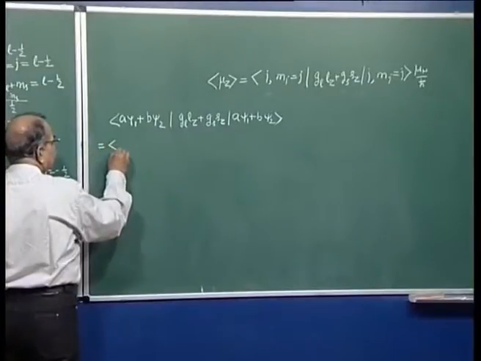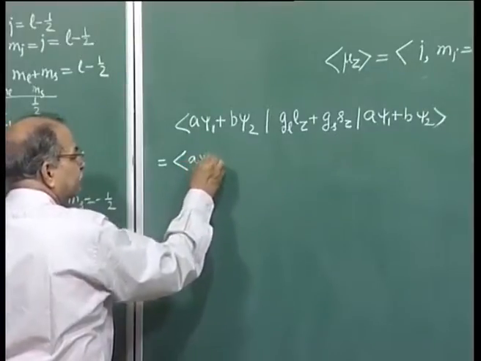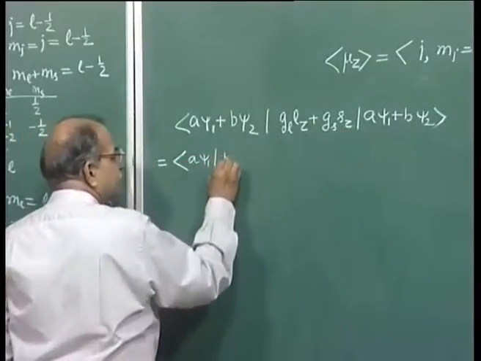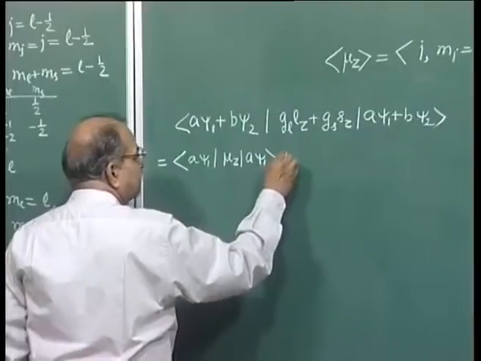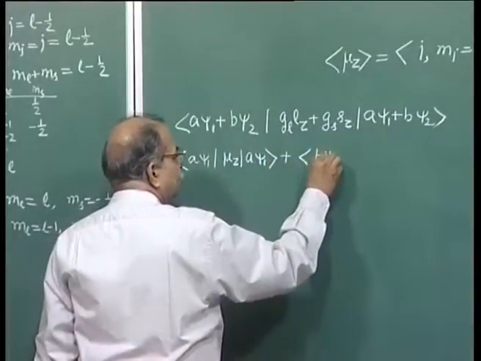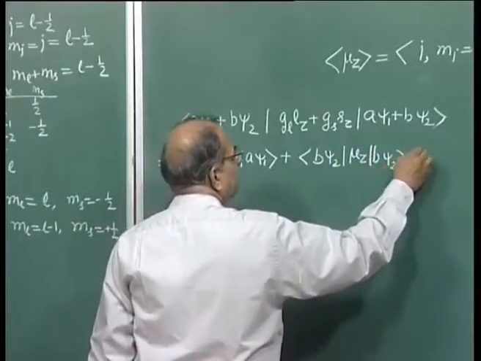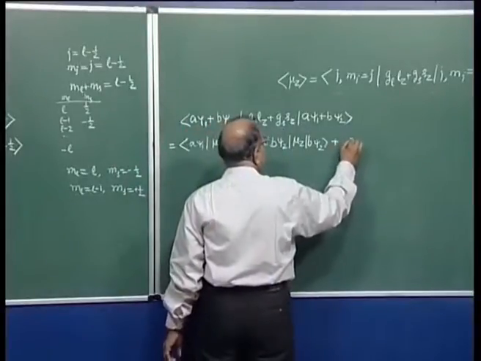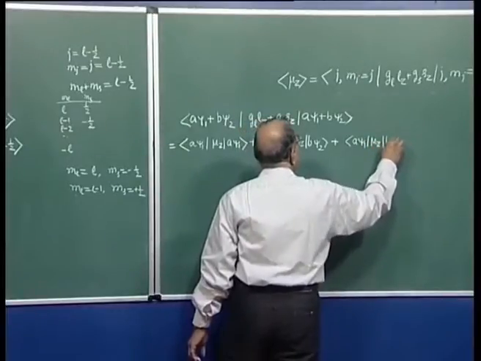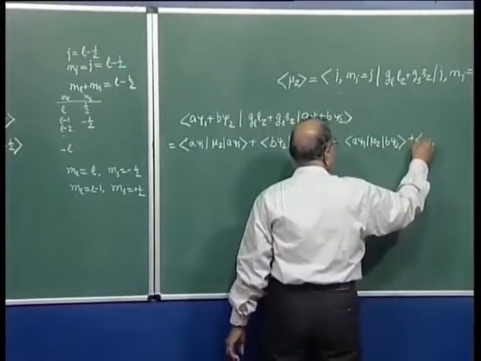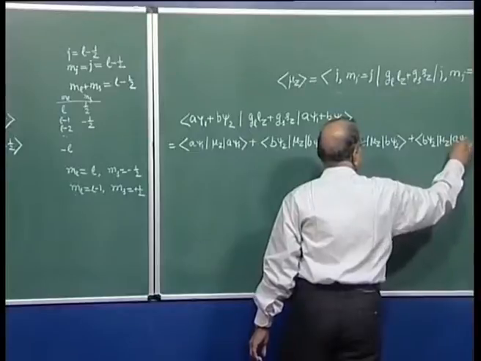So, this will be okay. Part by part, I can take a psi 1 and this is mu z, let me write mu z first, and that side a psi 1 plus b psi 2. Here mu z and b psi 2 there, and plus cross terms, a psi 1 here, mu z here and b psi 2 there, and plus b psi 2 here and mu z and a psi 1 here.